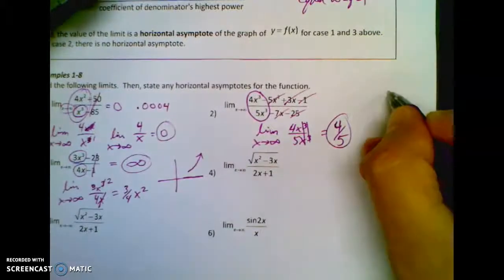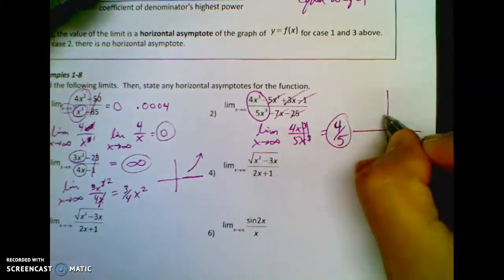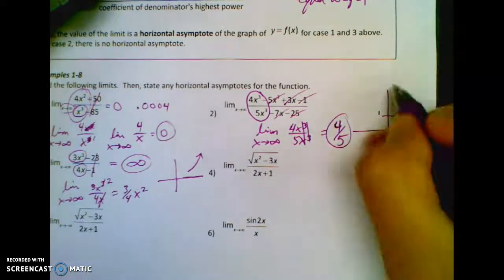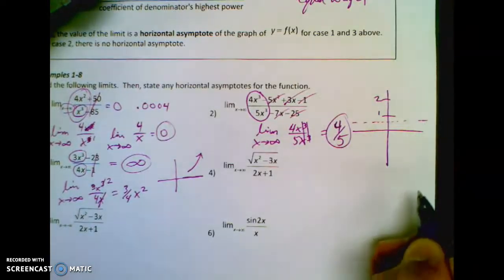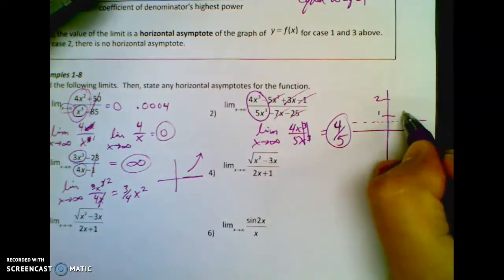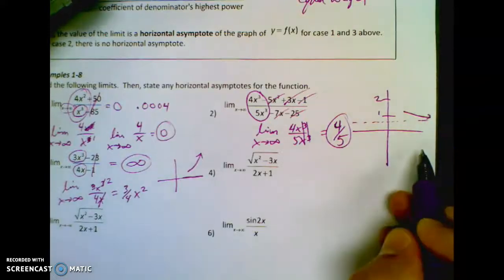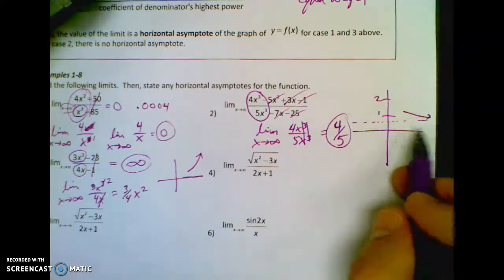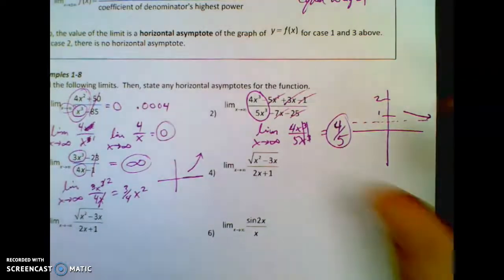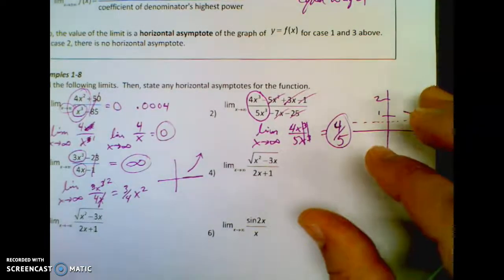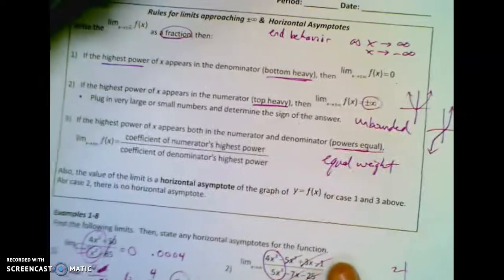If I graph this, once again, I don't know what it is doing early on, but I do know, here's about 4/5, that way out to the right, my graph is going to get closer and closer to 4/5. I don't know if it's coming from above or below, but I would have to use some more points. We'll do that later in the year. Anyway, I'll come back and do some examples, but hopefully you understand the three cases.